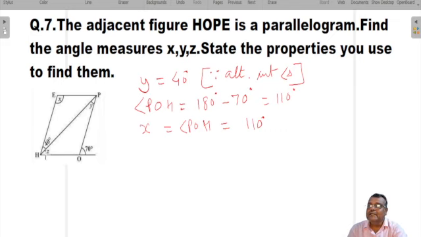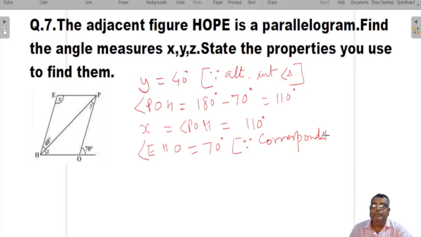So you see, z and 40 is equal to 70. Angle EHO is equal to 70 degrees because corresponding angles are equal.